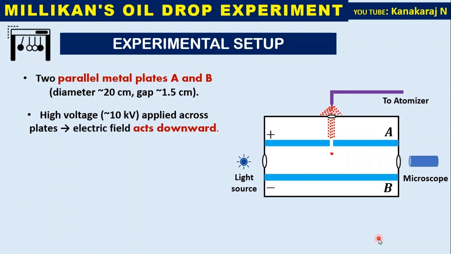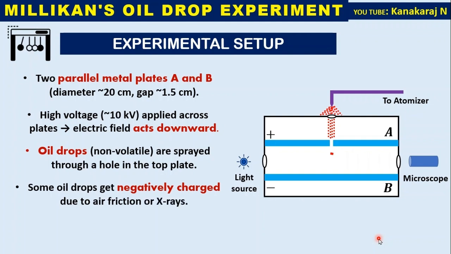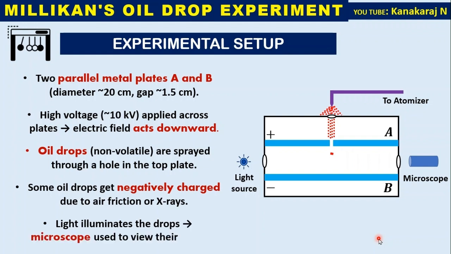The electric field acts downwards. Oil drops, non-volatile, are sprayed through a hole in the top plate. Some oil drops get negatively charged due to air friction or X-rays. Light illuminates the drops. A microscope is used to view their motion.